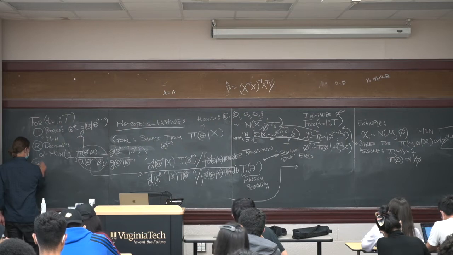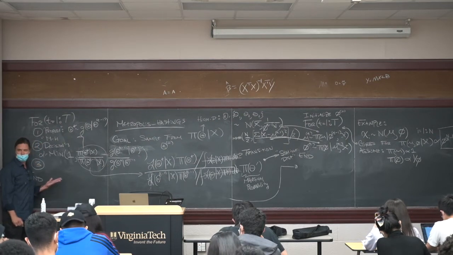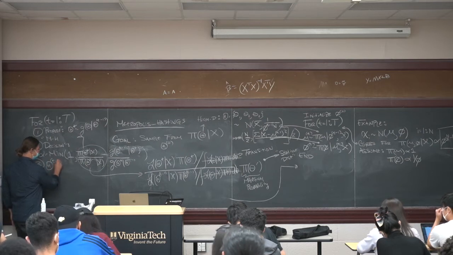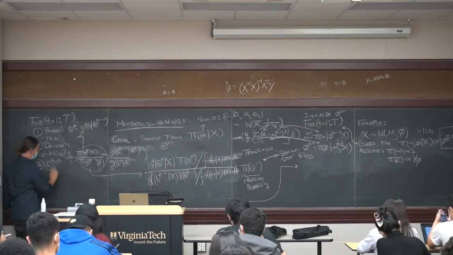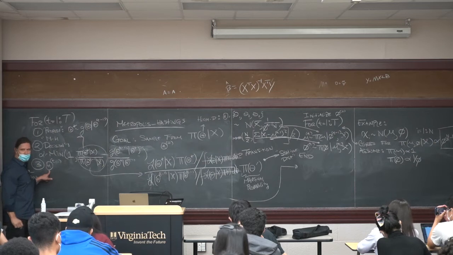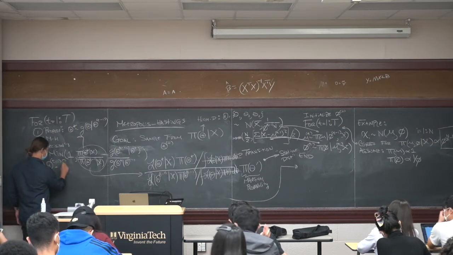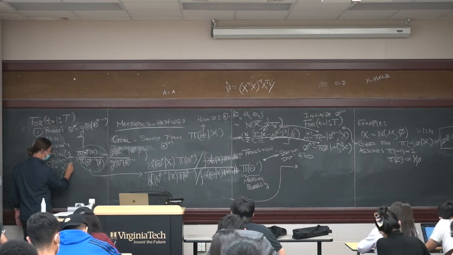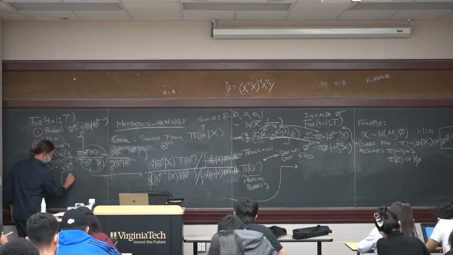So I usually write this down as step 3, but this is really just a coin flip. I'm going to make my decision based off of this probability. So I'm going to update theta at time step t, and that's going to be one of two things. I'm either going to move to my proposed location, or I'm going to stay where I'm at.